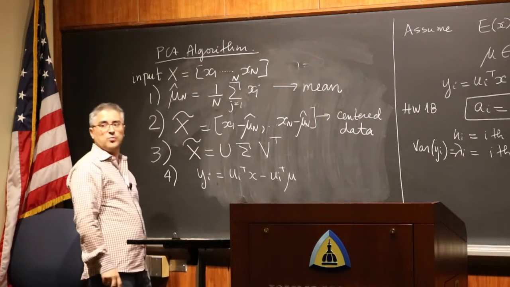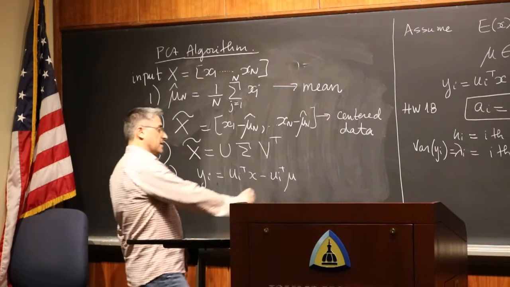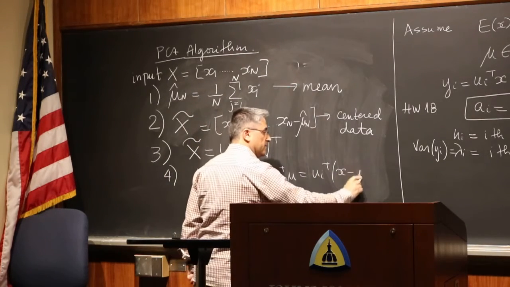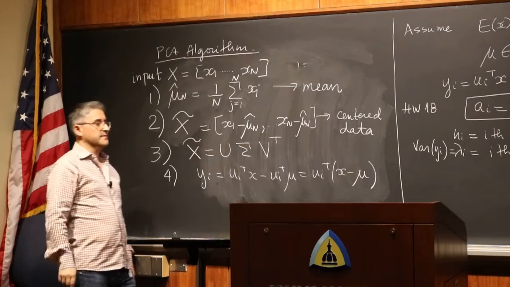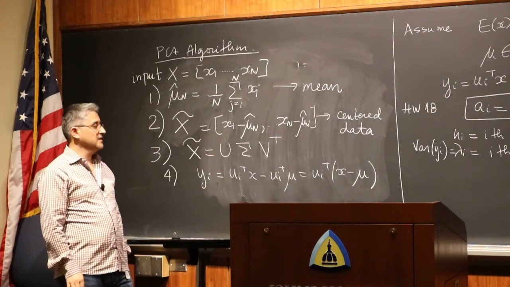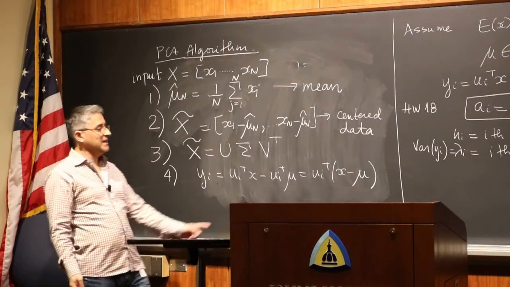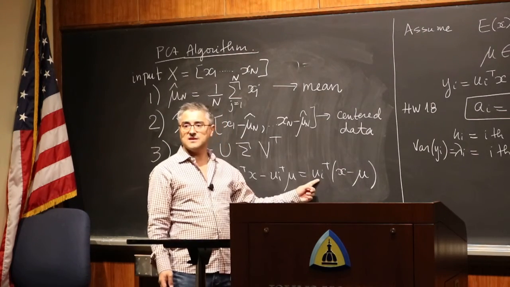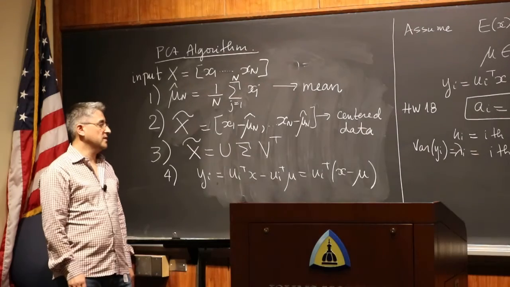That is what it would have been in theory. Immediately you see that this is ui transpose times x minus mu. Once I substitute, it's the same idea: take the data, center it, and then project in order to get the principal component.